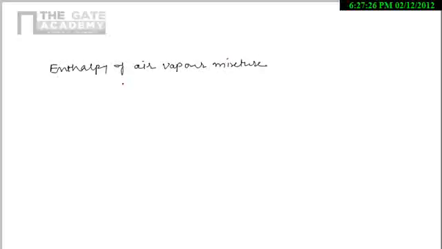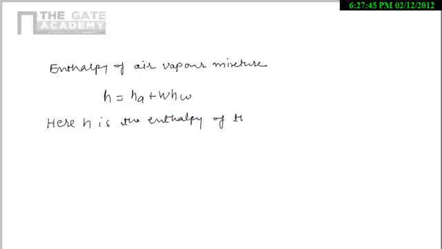Here we know that H equals HA plus W HW, and here H is the enthalpy of the mixture per kg of dry air. So this one is the formula for enthalpy, and sometimes we can directly calculate the enthalpy by the following formulas.